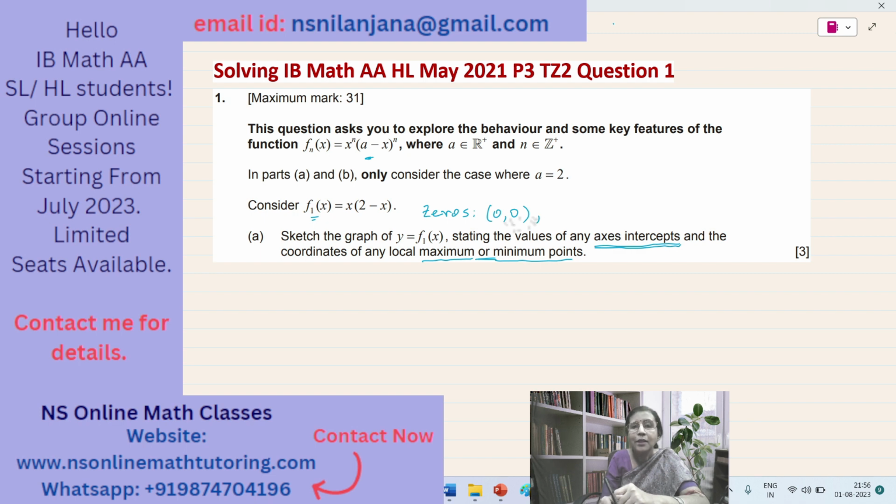Hence it is one of the zeros of f1 of x, that is the x-intercept, and the other one will be (2, 0). And the maximum point will be (1, 1).